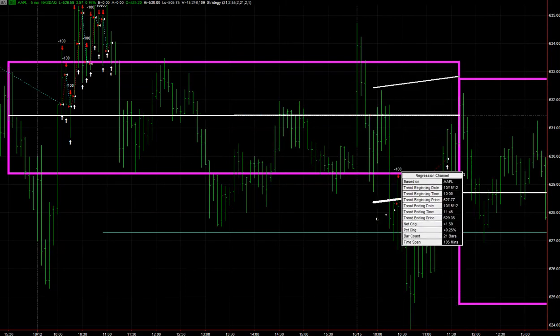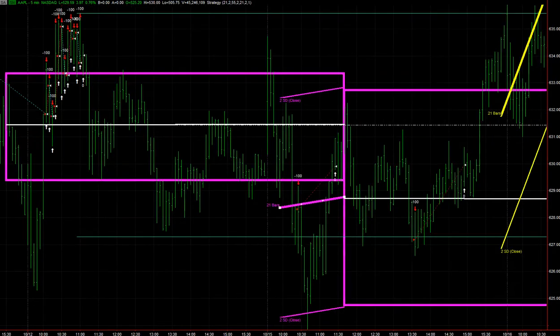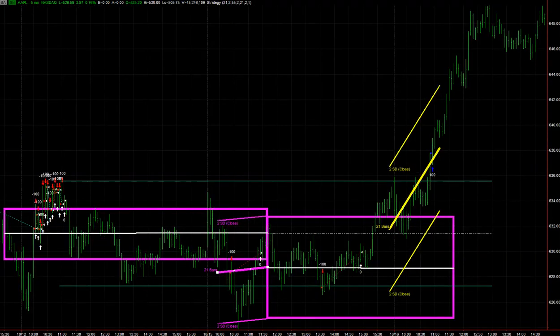The only time we get a validation is at this inflection point where the mid is below the low. The mid, new mid below old low. So now that I've drawn the boxes, let's go back and see how they should have traded.